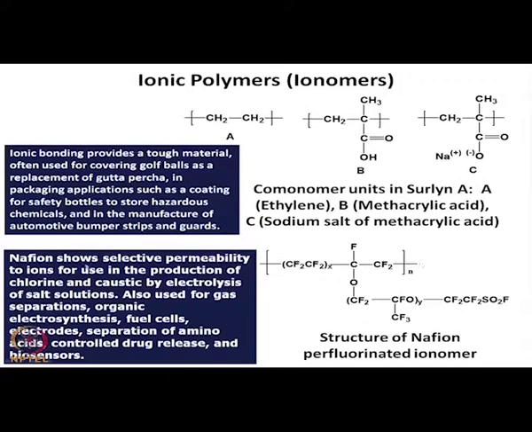This Nafion shows selective permeability to ions for use in the production of chlorine and caustic soda by electrolysis of salt solutions. This Nafion is also used for gas separations, because this is a semipermeable membrane to some extent for some compounds.